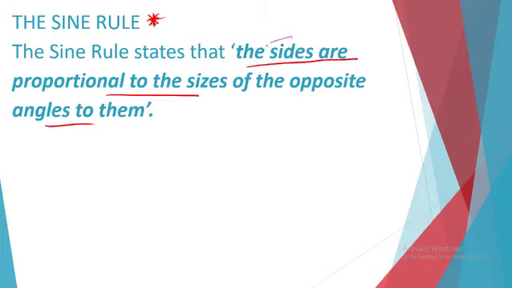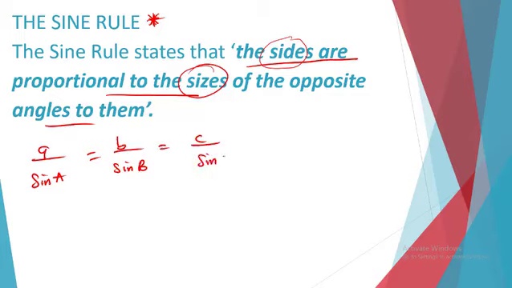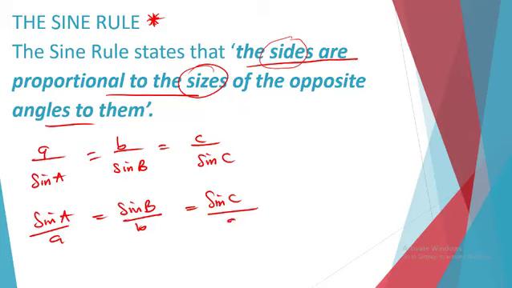The sine rule gives us a over sine A equal to b over sine B equal to c over sine C. Or similarly, we can use sine A over a equals sine B over b equals sine C over c.